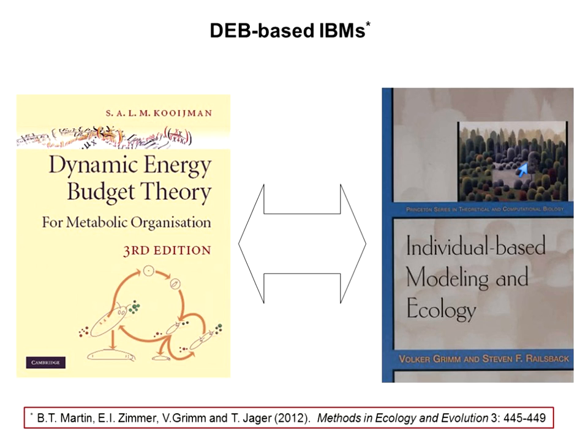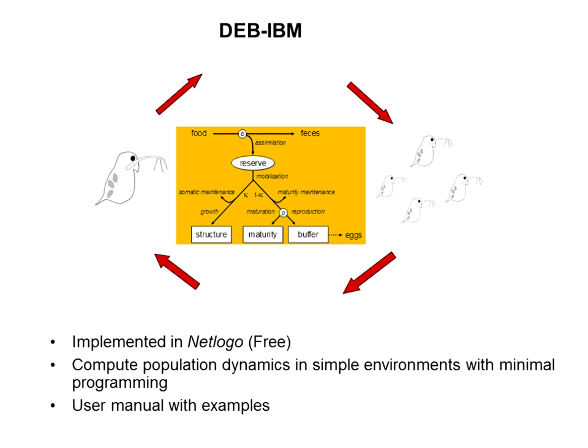In brief, the work in this book provides a framework for individual-based modeling. The DEB theory provides the representation of individuals for the work. And this slide illustrates essentially how DEB-IBM works.